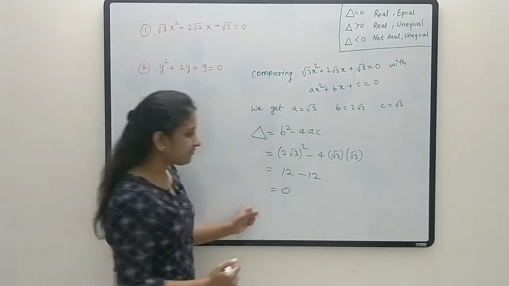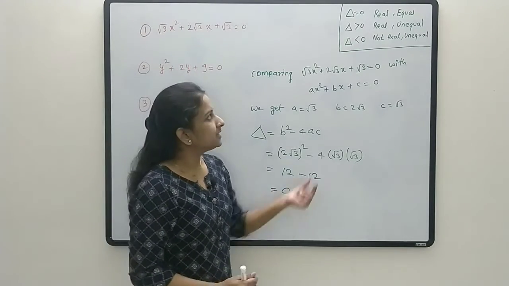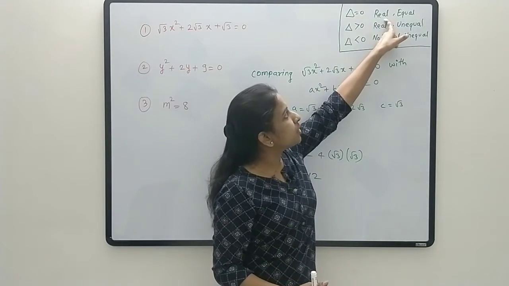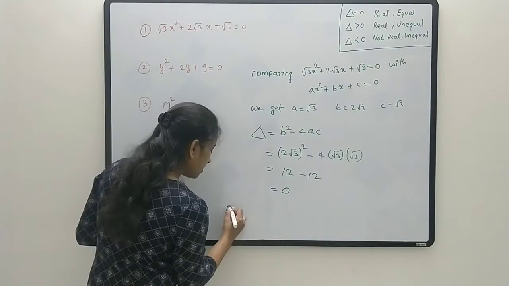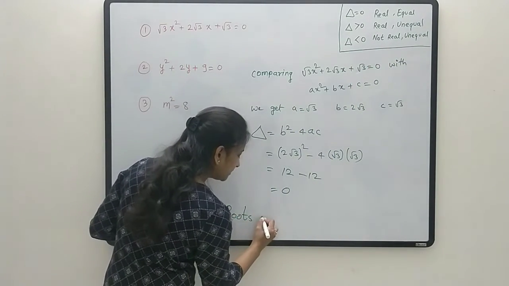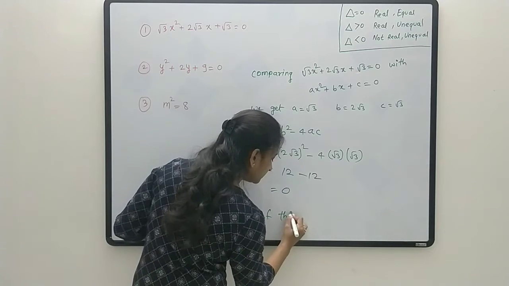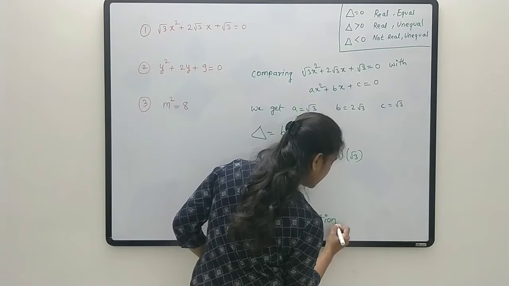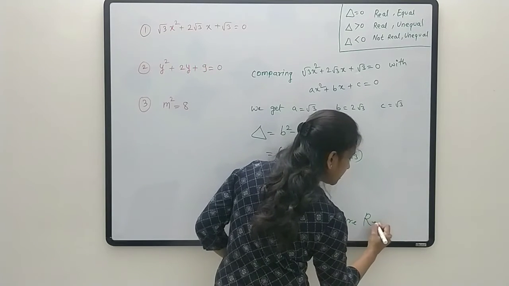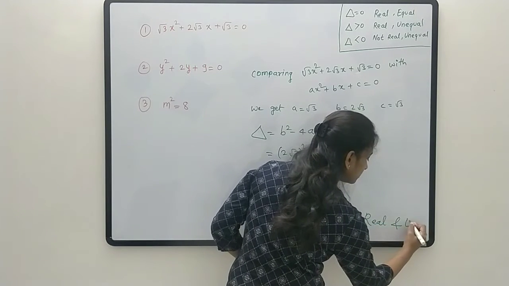So the discriminant value is 0. Discriminant is 0 means both the roots are real and equal. The roots of this equation are real and equal.